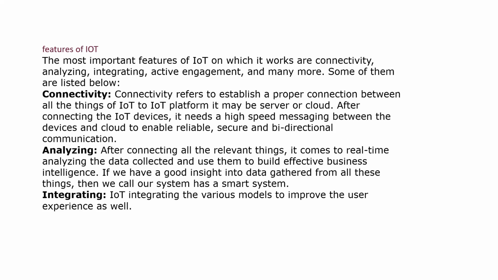Okay. For storage it may need cloud, basically cloud infrastructure. And it may also provide security to the communication, and mostly bi-directional communication is desirable in this case. So this is what the connectivity feature of your Internet of Things is.